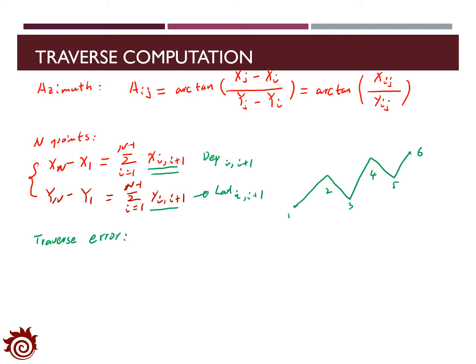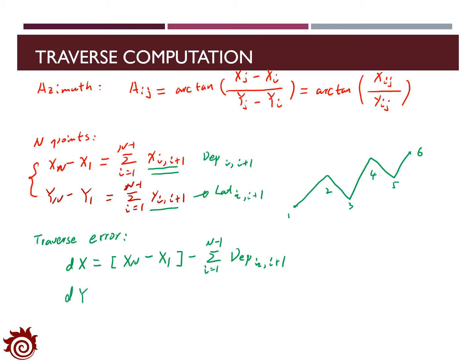For the error in the x coordinates, dx, it equals xn minus x1 minus the departure for all the lines. That's the summation from i equal to 1 to n minus 1 of the departure i and i plus 1.